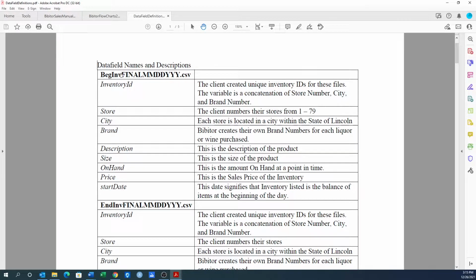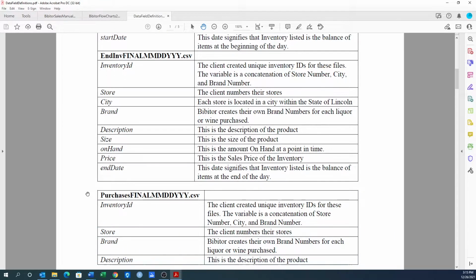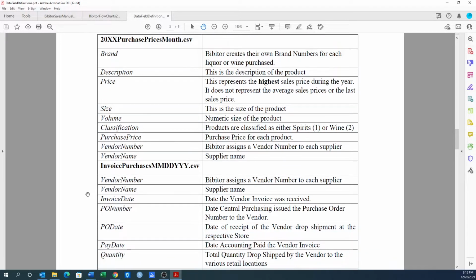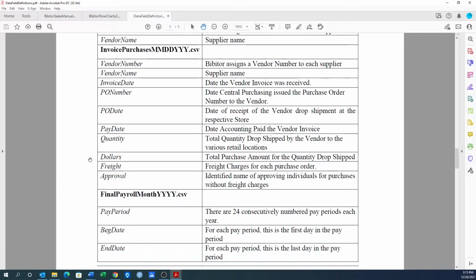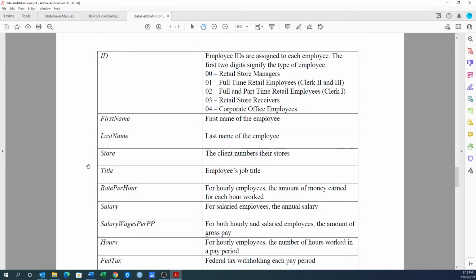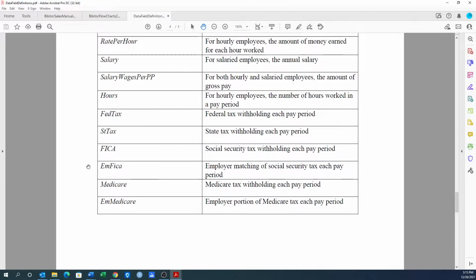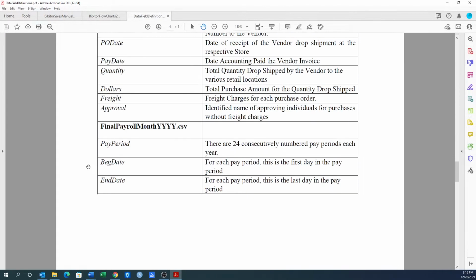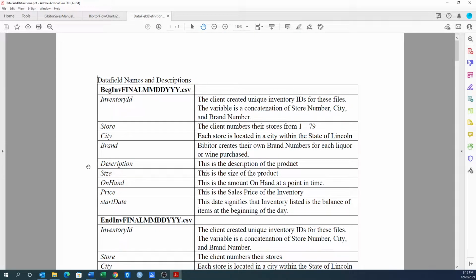There's a beginning inventory table, an ending inventory table, a purchases table, a sales table, a purchase price table, an invoice purchases table, and a final payroll table, which has a lot of variables in it. Those look like the different tables available to us. I would imagine there's probably an expense table somewhere, but it's not in this particular document.